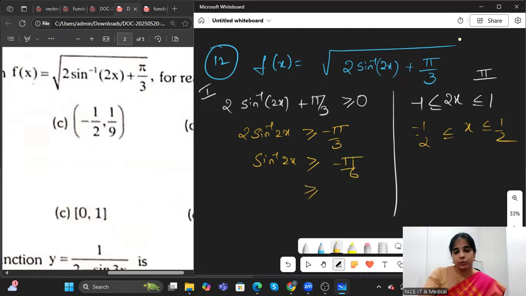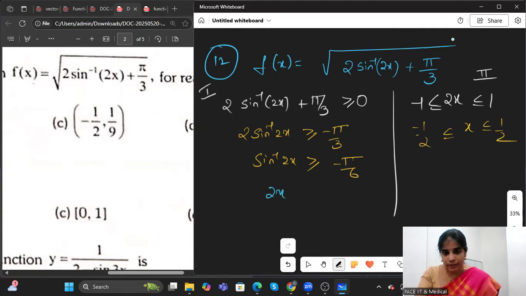Minus pi by 6, in the sense, can I take sine pi plus something? As sine is an increasing function, there is no change in the inequality. Sine inverse transposes there. So 2x is greater than or equal to sine of minus pi by 6.